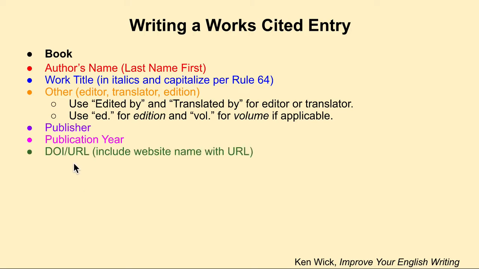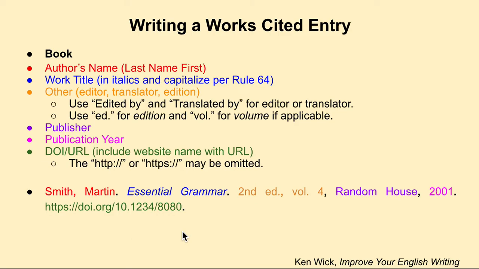And then you write the DOI or URL, which includes the site name with a URL. And the http:// may be omitted. You can write it, but it may be omitted. That way, everything just starts with www.